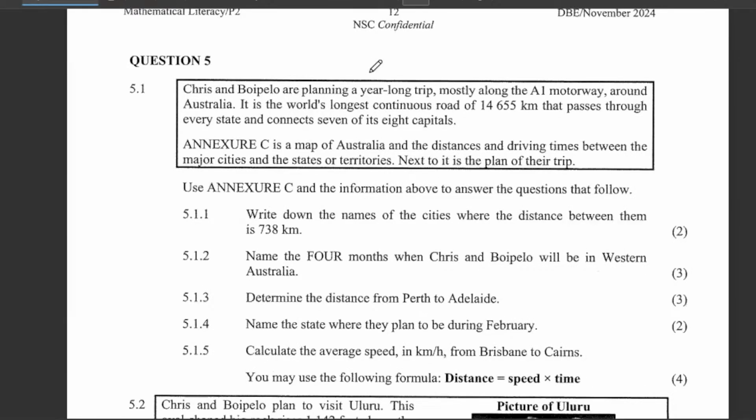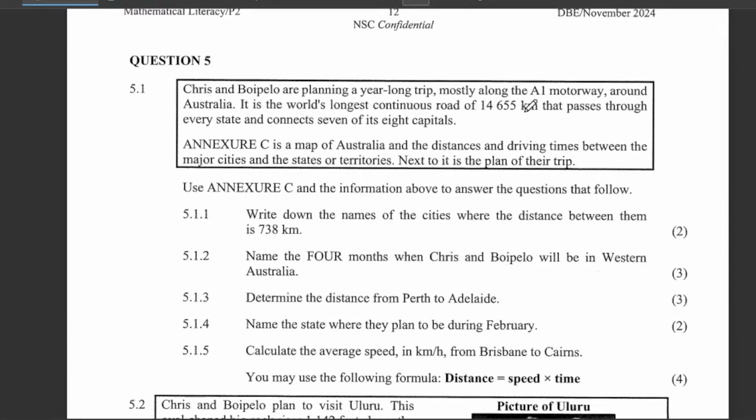Chris and Babo are planning a year-long trip, mostly along the A1 motorway around Australia. It is the world's longest continuous road of 14,655 kilometers that passes through every state and connects 7 of its 8 capitals.